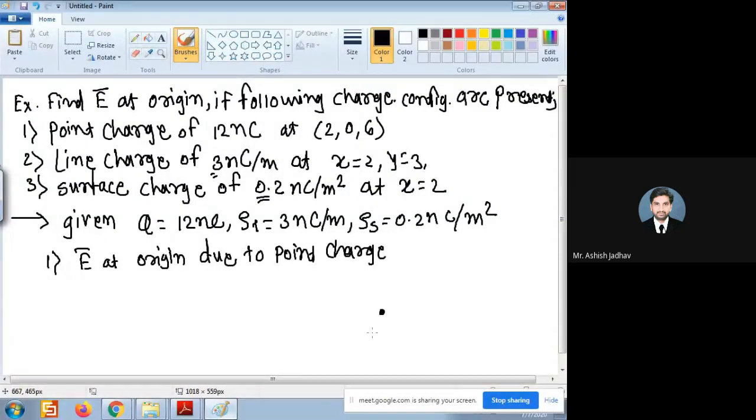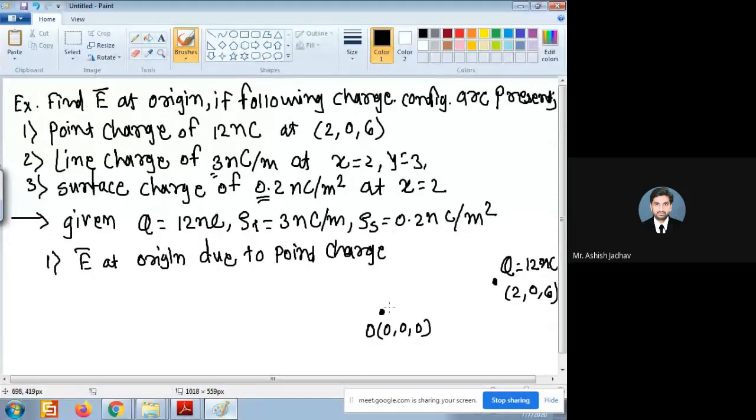Let's say this is origin having coordinate 0, 0, 0, and you have a point charge they have given, Q is equal to 12 nanocoulomb. It is located at 2, 0, 6. So this is the location.